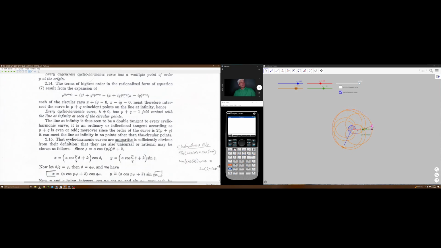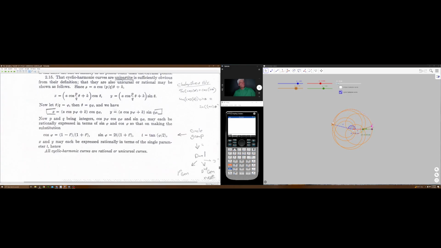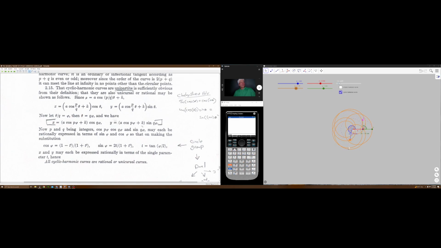And this is the last page here. This is quite interesting. He says that the cyclic harmonic curves are unipart. I think I said unipartite. It's sufficiently obvious from their definitions that they are also unicursal or rational.